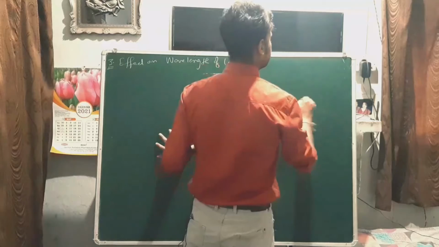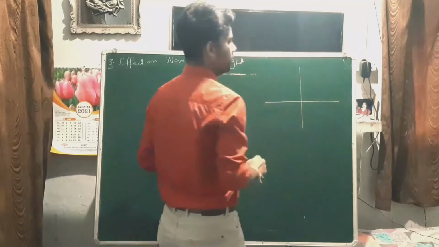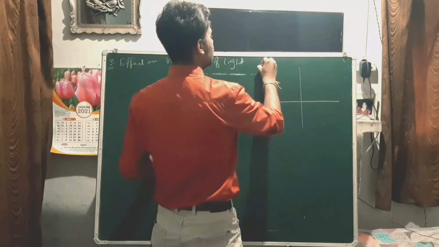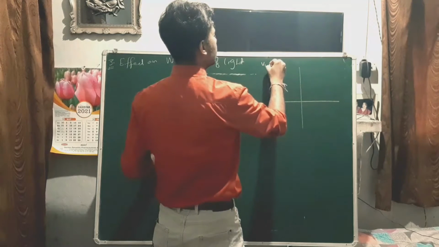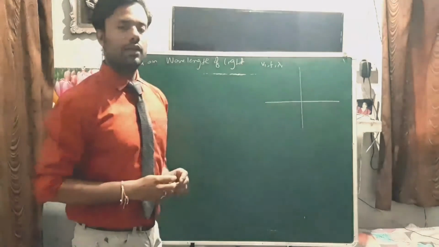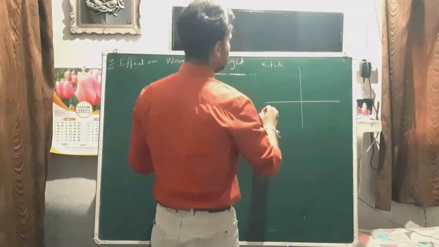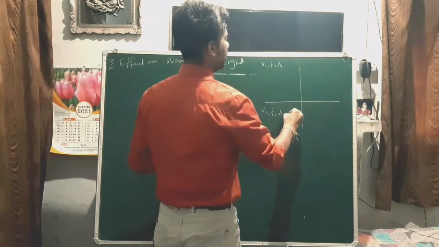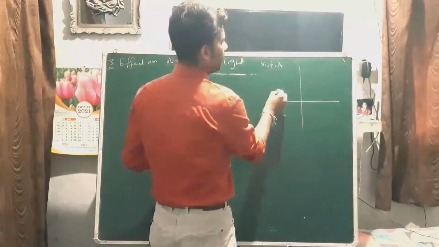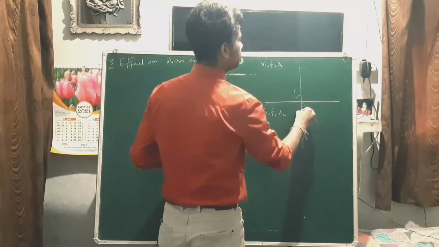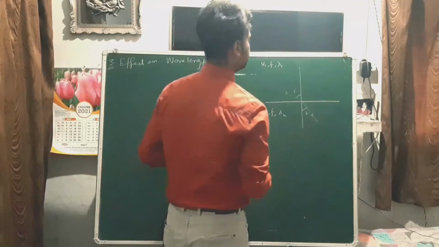Suppose this is medium 1 having speed v1, frequency f, and wavelength lambda 1. This is medium 2 having speed v2, frequency f, and wavelength lambda 2. Light is coming like this, and let's say it is bending toward the normal.